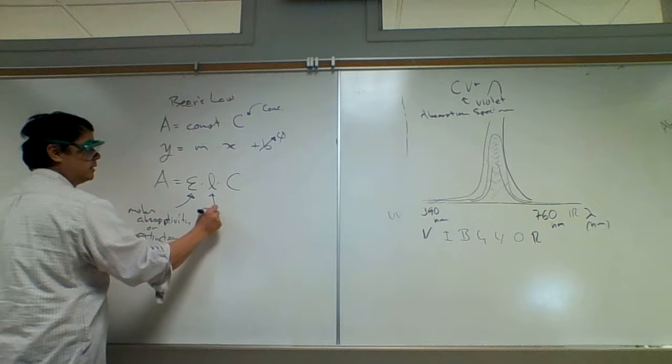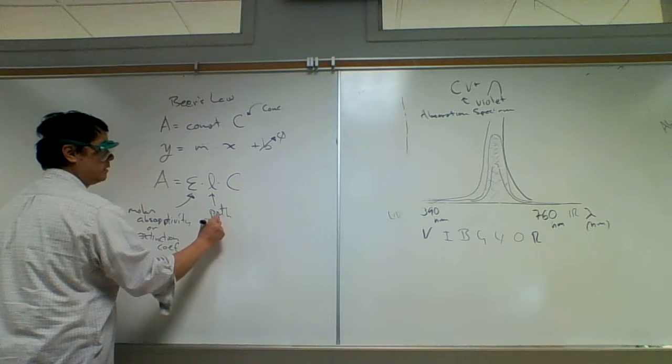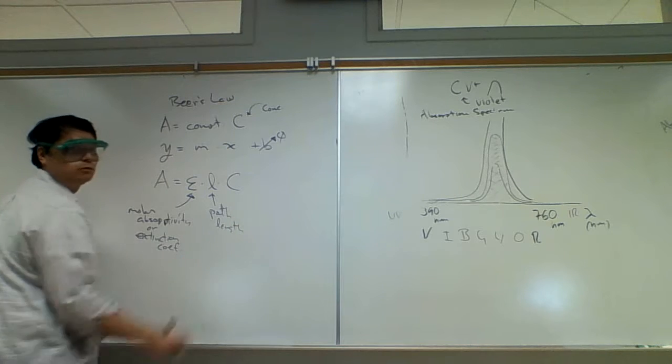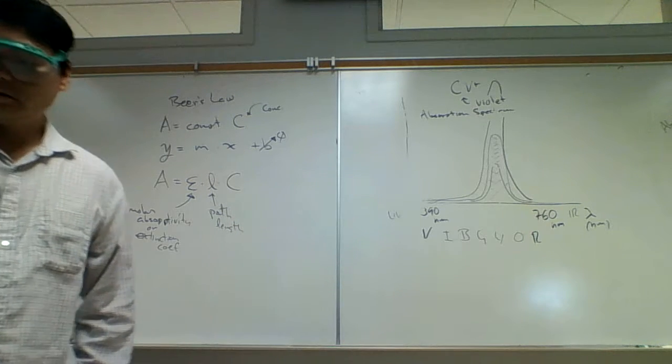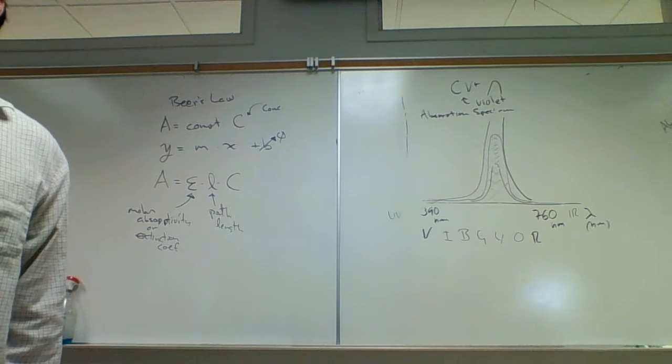L is the path length of the cuvette. Our cuvettes are 1 centimeter, and so L for us is just 1.